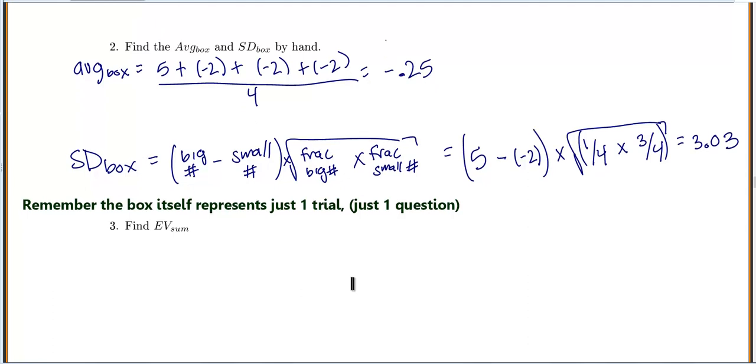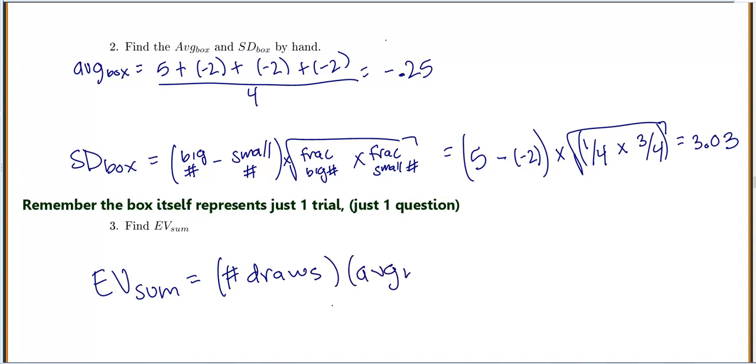So let's find the expected value of the sum. Our formula, once again, is number of draws times the average of the box. Number of draws, we had 20 questions, so it's 20 draws. Average of the box is negative 0.25, so this gives me negative 5.